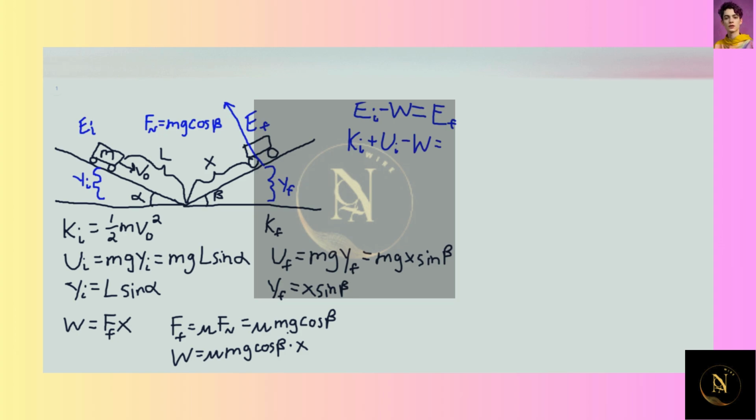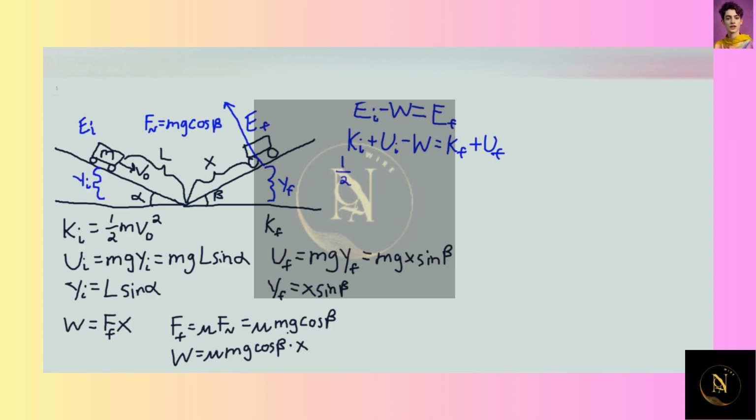And that's the total final energy, which will be the final kinetic energy plus the final potential energy. But we've already established what all of these terms are. We know that the initial kinetic energy is 1/2 mv naught squared.